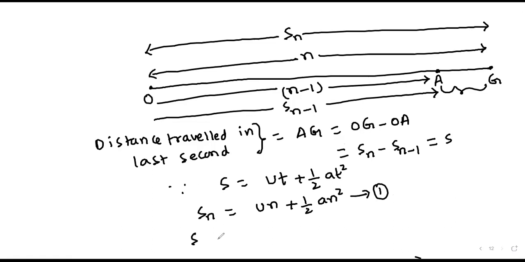Similarly, in n minus 1 seconds, u times n minus 1 plus half a times n minus 1 whole square.